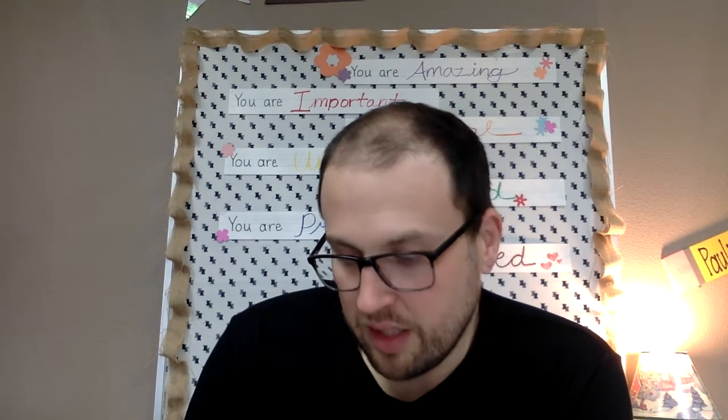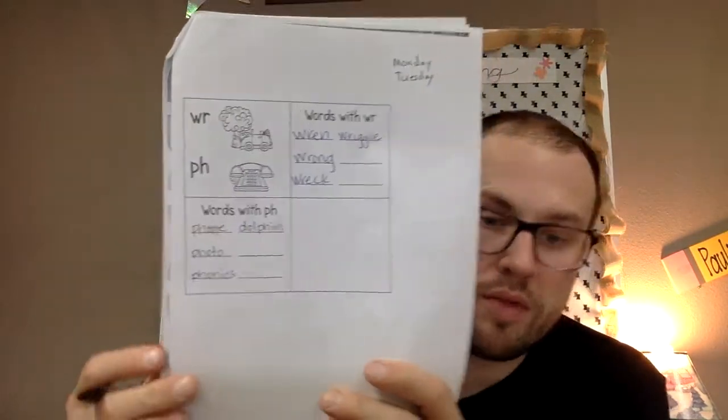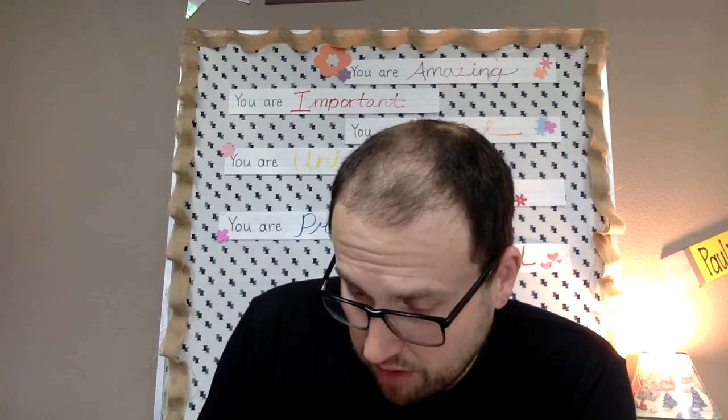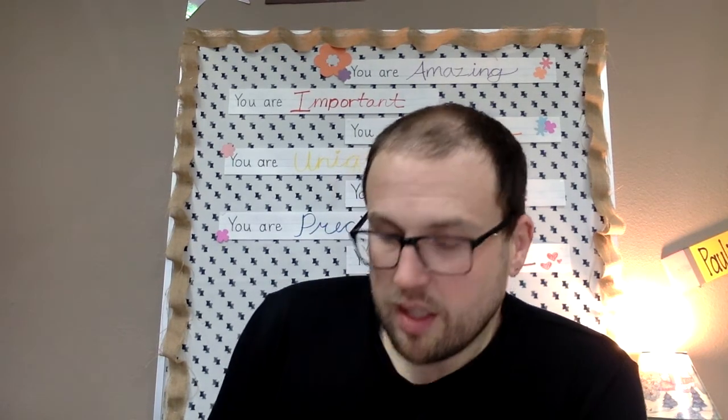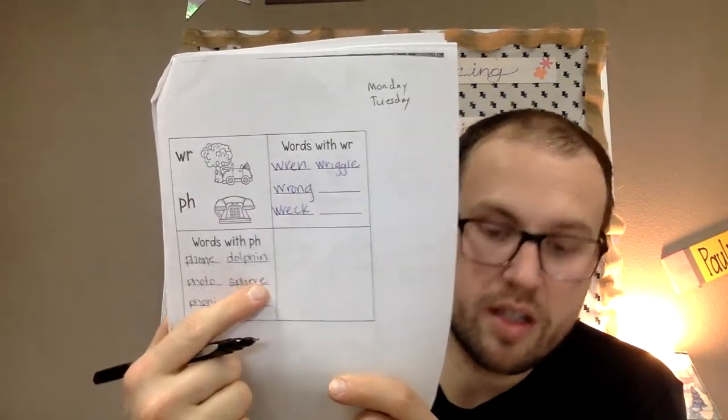Now, a lot of words have PH in the middle or at the end. So dolphin, D-O-L-P-H-I-N, has a PH, but it's in the middle of the word, dolphin. Everybody knows what those are. Sphere is another word that we have talked about. And sphere has a PH in the middle here, S-P-H-E-R-E.